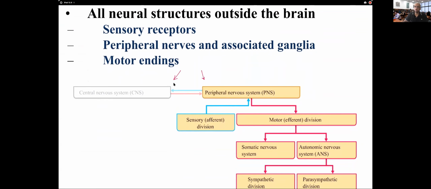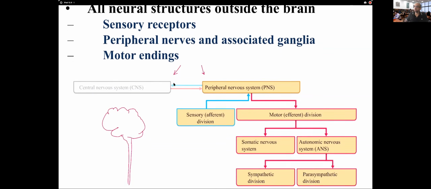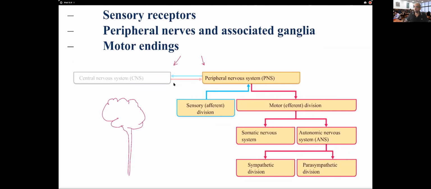Those are the central nervous system that includes the brain, spinal cord, and the peripheral nervous system is going to be every single part of the nervous system outside of the CNS.